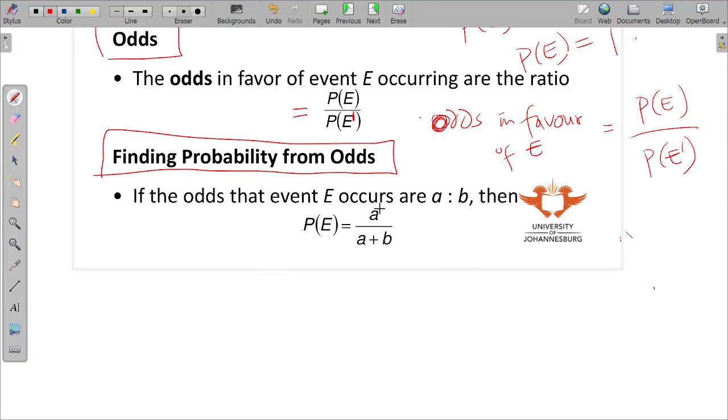So if the odds that event E occurs are A ratio B, then the probability of E will be A over A plus B. Sometimes they give you the odds and ask you to find the probability; sometimes they give you the probability and you have to find the odds. Please take note of that formula.